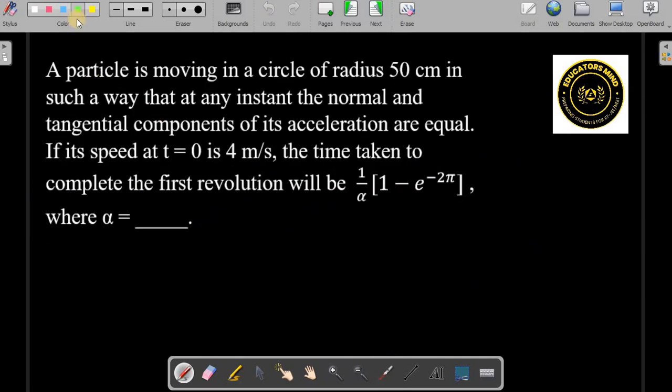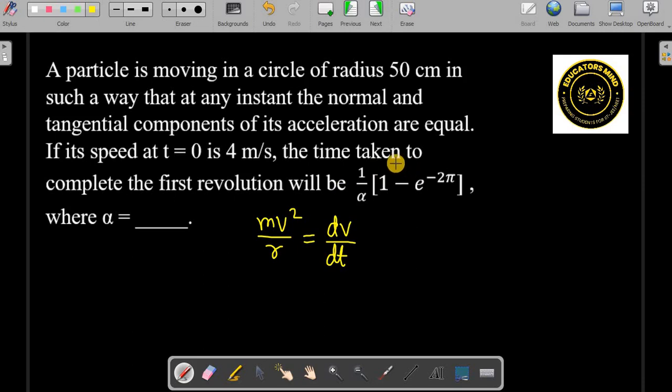Okay, let's go next. Next is a particle moving in a circle of radius, okay, in such a way that at any instant the normal and tangential components of acceleration are equal. So we know the normal component of acceleration, that means centripetal acceleration, v square by r, is equal to tangential acceleration dv by dt.